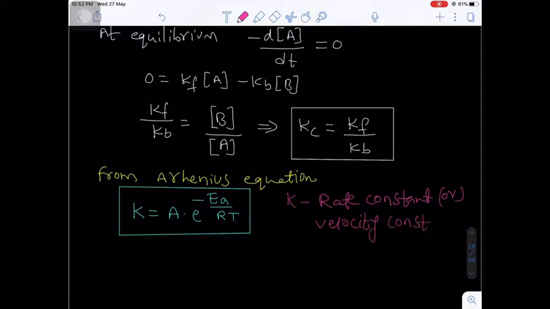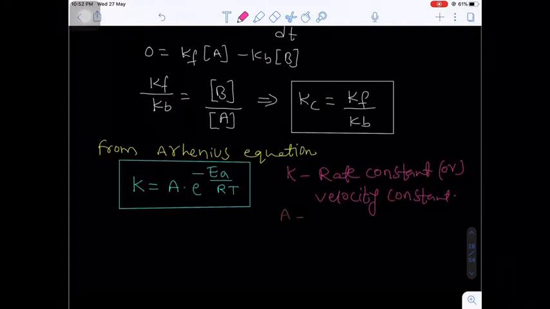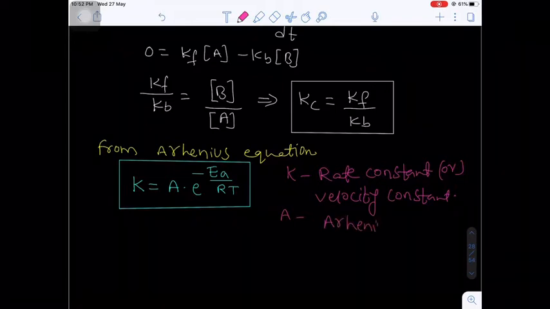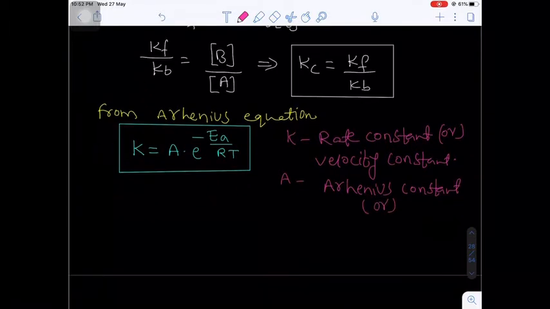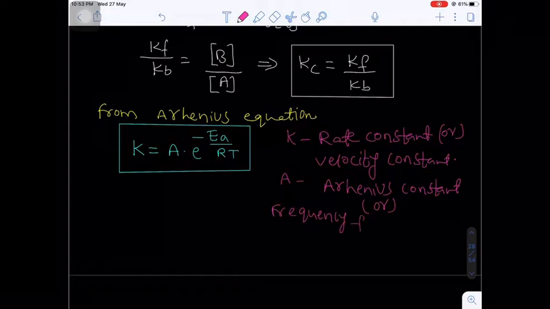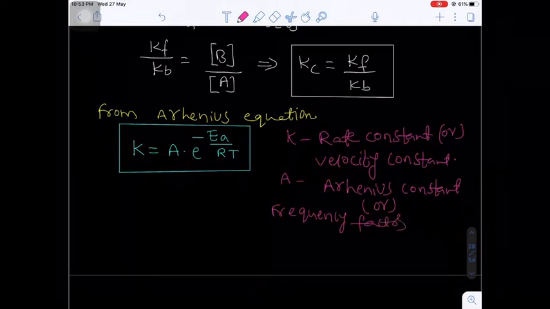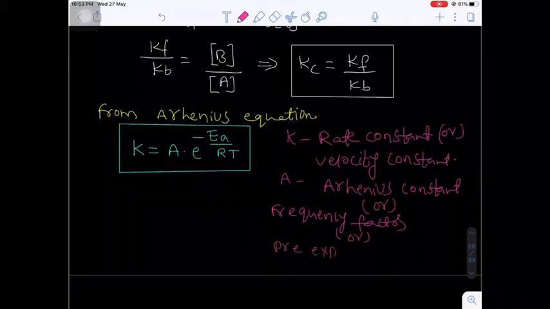Number 2, A is the Arrhenius constant. It is also known as the frequency factor. It is also known as the pre-exponential factor.